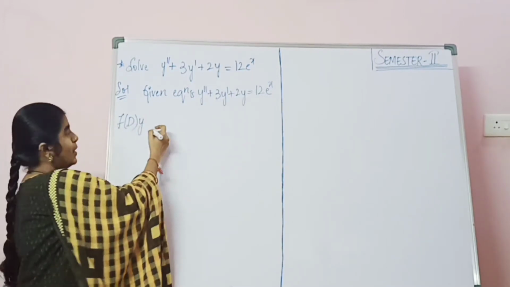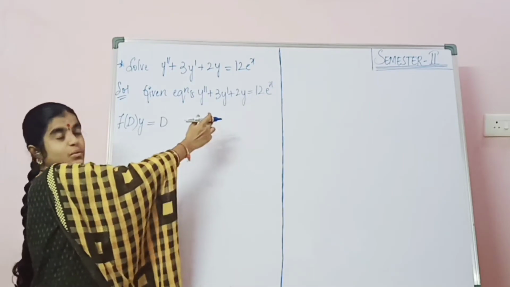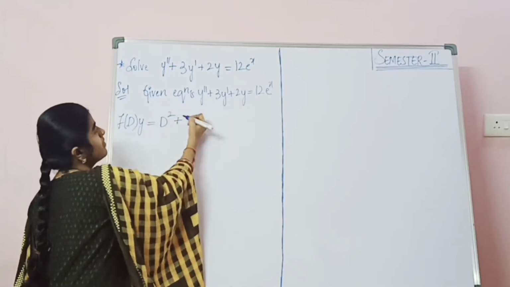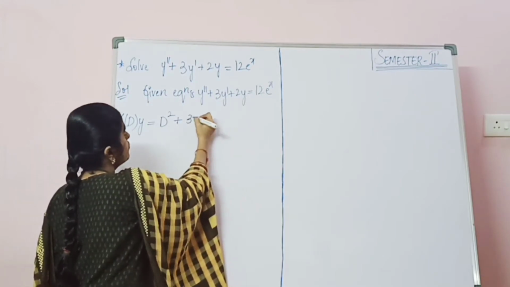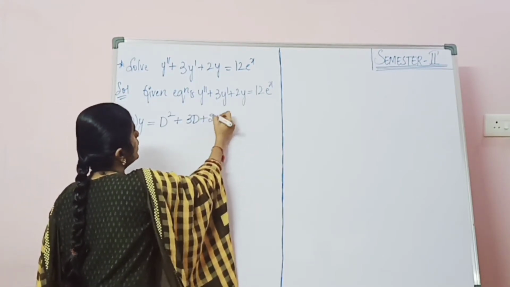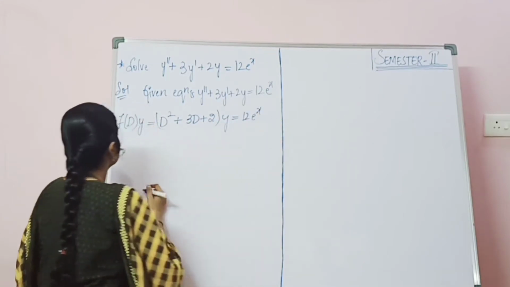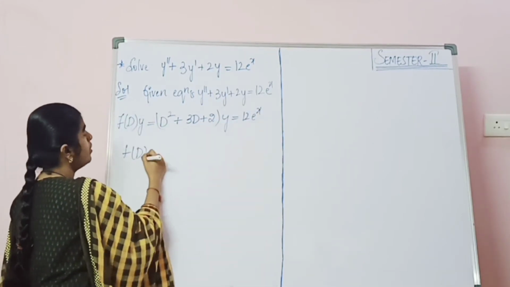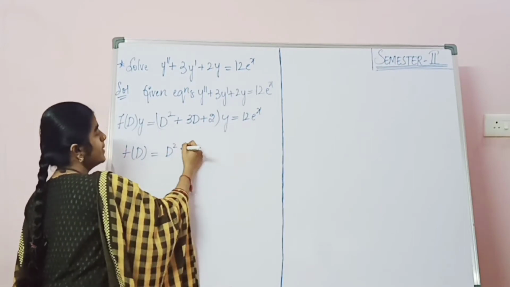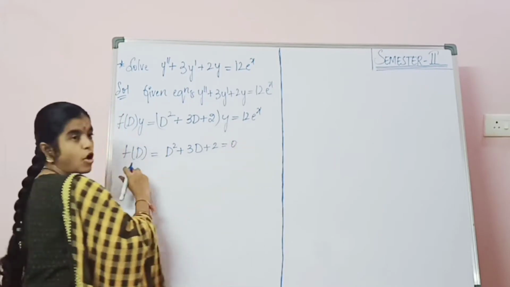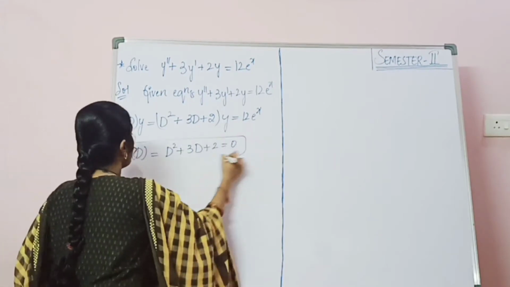F of D into y equals, what is given in the question? y double dash means D square plus 3y dash, 3D, plus 2 into whole y, which equals 12 into e power x. So now f of D equals D square plus 3D plus 2 equals 0. This is the operator form.